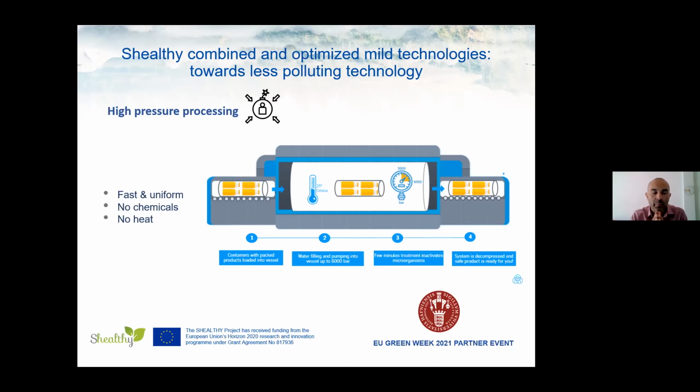Basically, you take your product, you package it, then you move it into a vessel, put water into the vessel, and bring it up to a desired pressure, let's say 6,000 bars. When you reach this pressure, you leave it a short time, then you release the pressure, remove the product, and it's ready to be used.